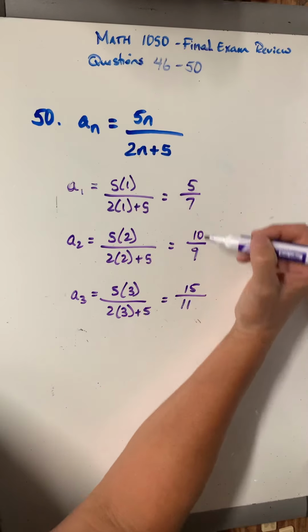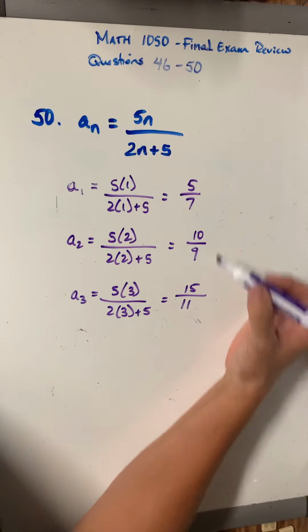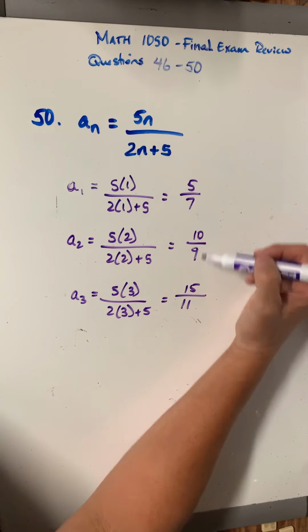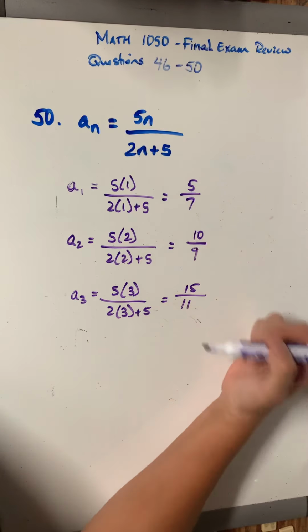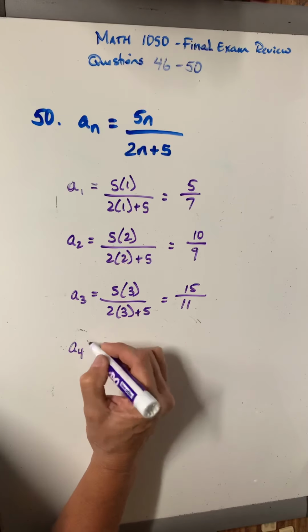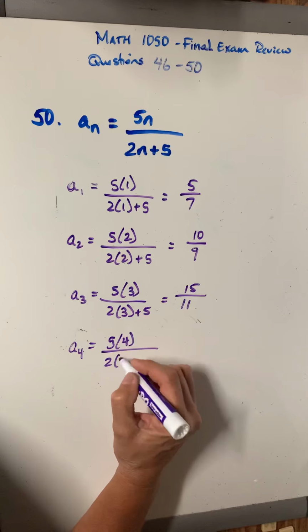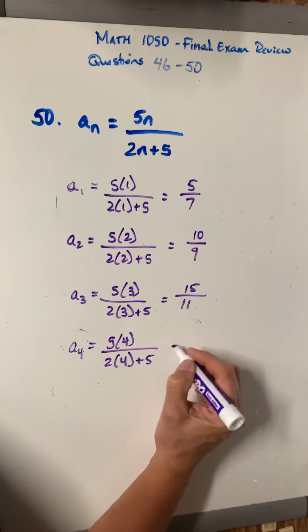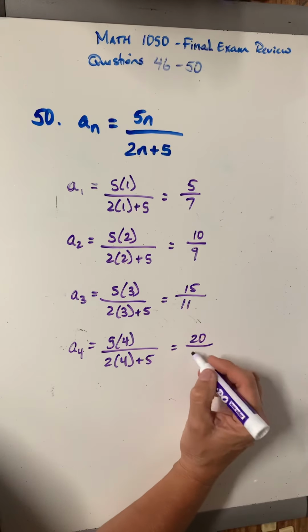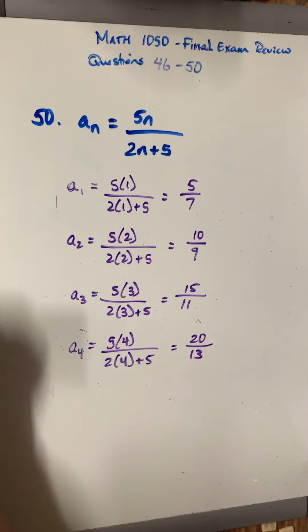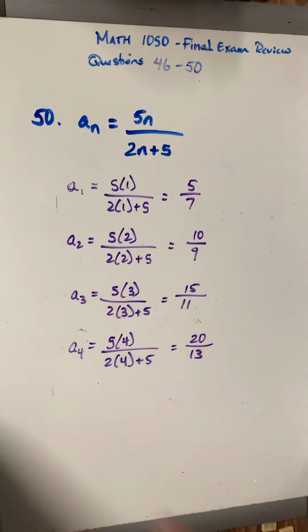And if you start to see a pattern, you could certainly just do that, right? The numerators are jumping by 5, the denominators are jumping by 2. So the last one, 5 times 4 over 2 times 4 plus 5 is 20 over 13. And that's it. I'll talk to you later.